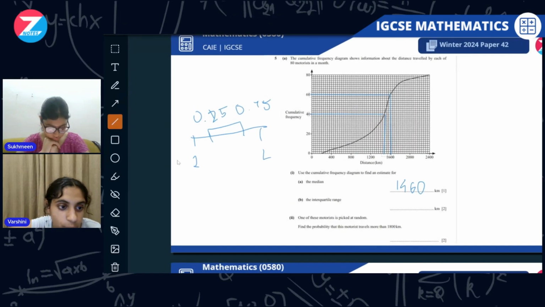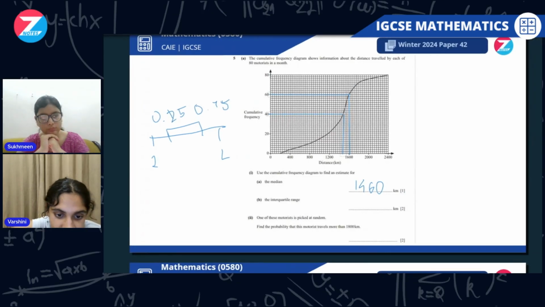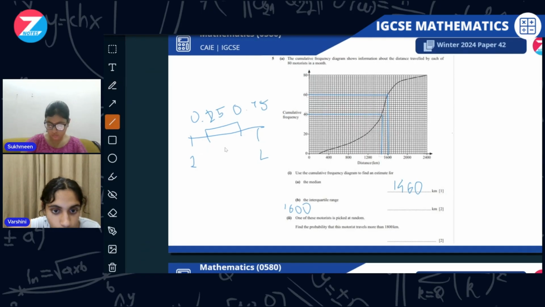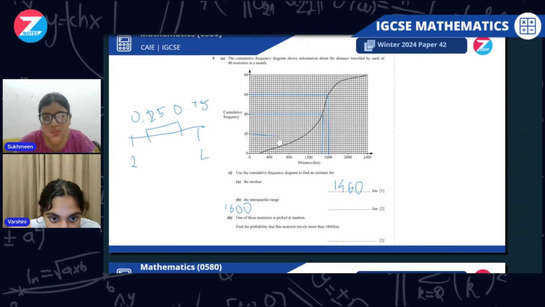So we know that the top value is 1600. And we need to find 0.25. So it's going to be 0.25 times 80, and you'll get 20. So we draw a line here again at 20 and extrapolate it downwards.